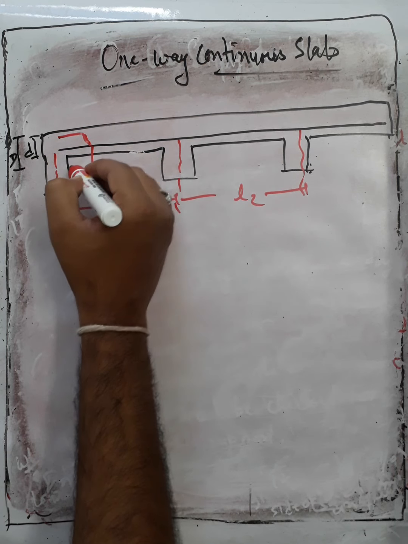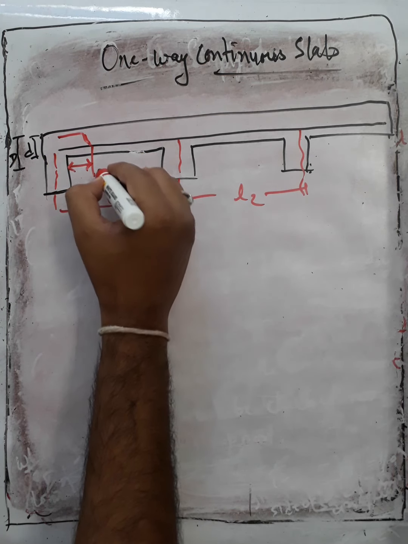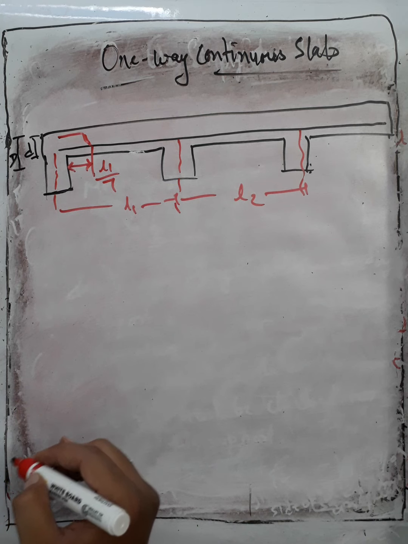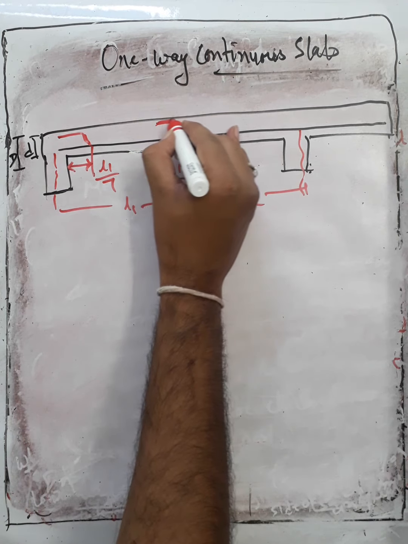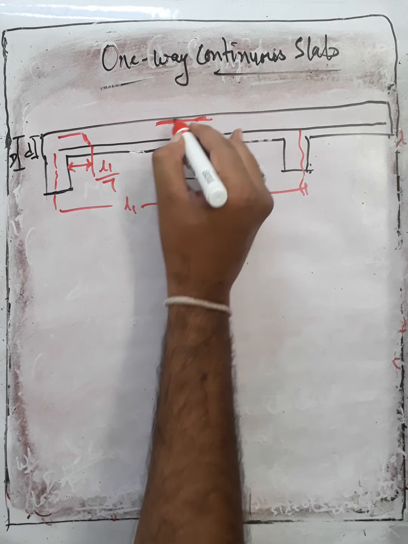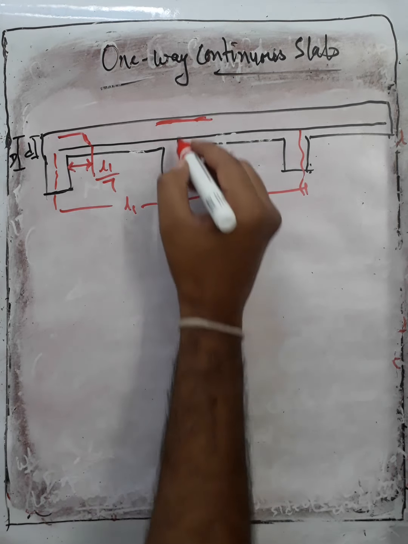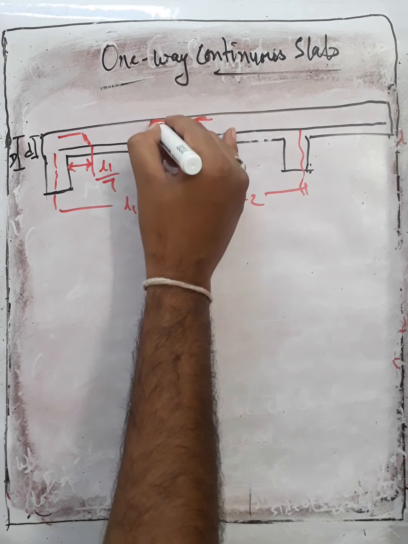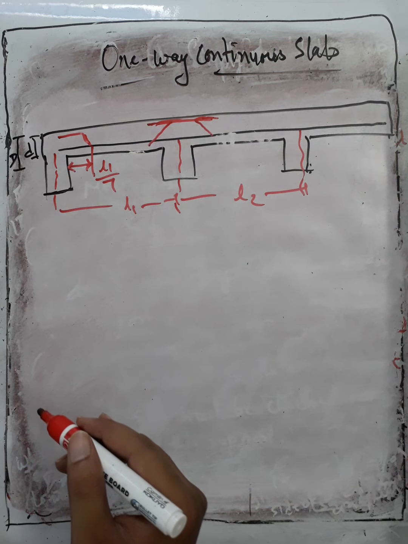So this bent up bar distance from this point to this point is L1 by 7. Here we provide reinforcement for maximum negative moment. So it looks like that. When you find the reinforcement, it looks like that.